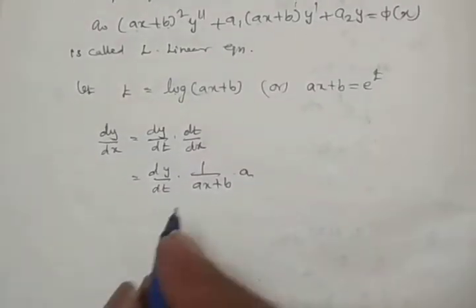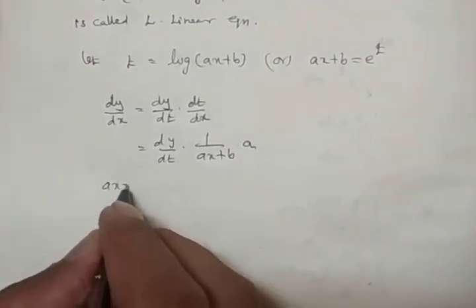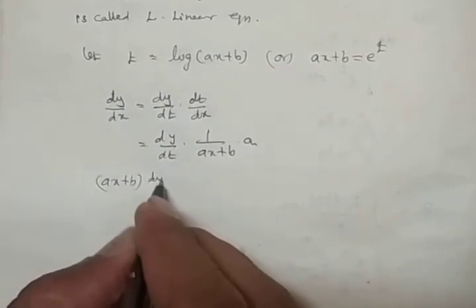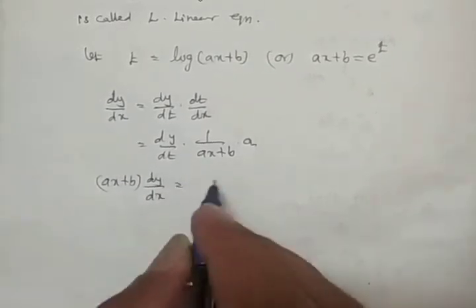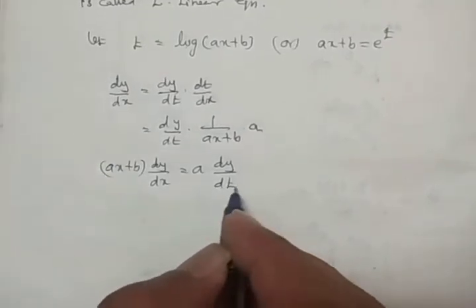So what do we get? We modify this one, we can write it as (ax + b) dy/dx = a dy/dt, in terms of t.